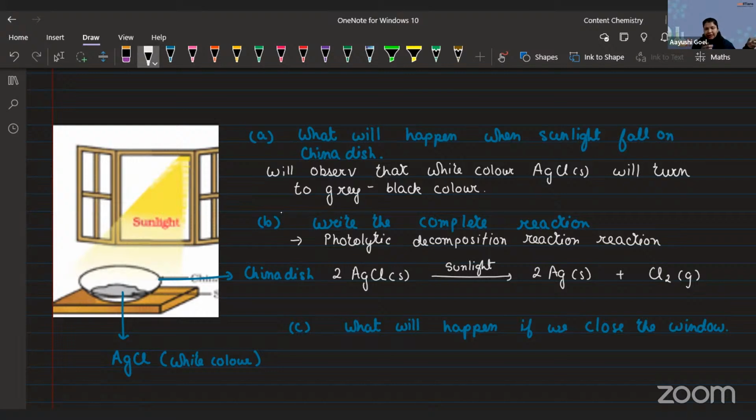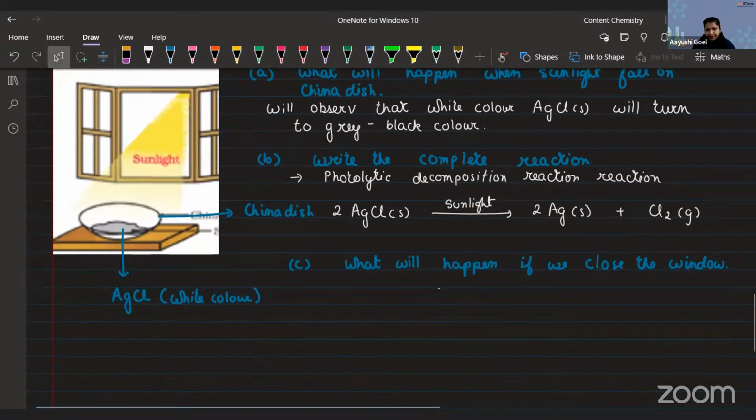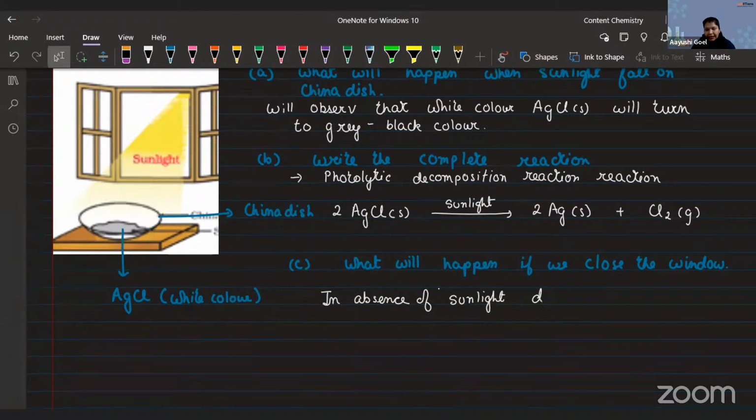So if I close that, the reaction will stop. So what will happen? In absence of sunlight, decomposition of silver chloride will stop.